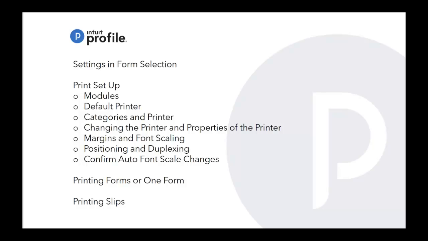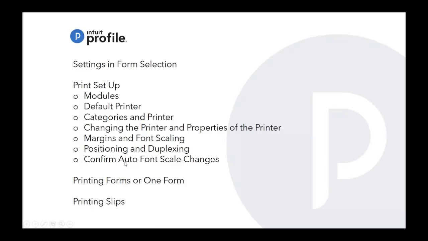You have the ability to change the properties of that printer, going to the categories and selecting the printer that is in accordance to that printer, setting your margins and your font scaling, being able to set your positioning and duplexing, whether it's fit to page or duplex using your printer's duplex settings.